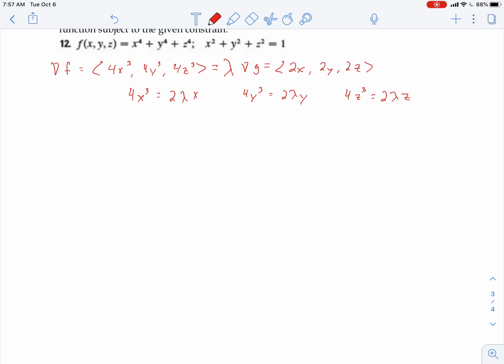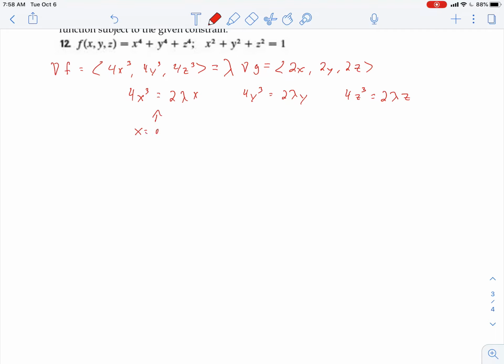Now, looking at all of these, let's focus on the first one. 4x cubed equals 2 lambda x. Looking at this, there's pretty much two possible options. Either we can solve this for lambda, which I'm going to do for all of these, or we can say x would be 0, because then this solution would hold.